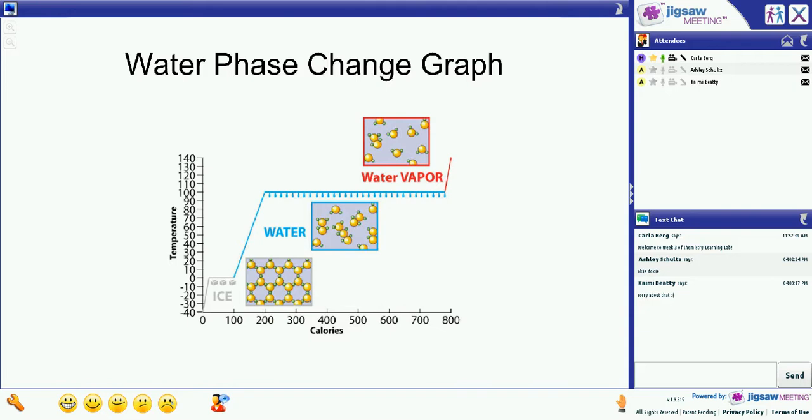And then as water vapor again, you can see the hydrogens and the oxygen floating around in space. Something different about this diagram than the phase change diagrams we've seen to this point is that on the left-hand side on our y-axis, there are actual temperatures. So we can see at what temperature water becomes water vapor. At what temperature does water become ice? You can see the actual temperatures.